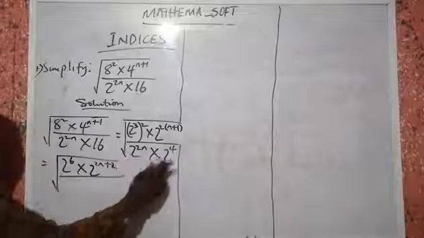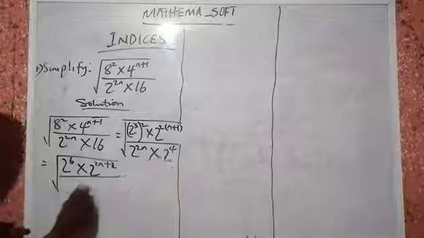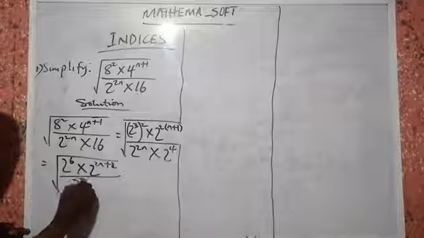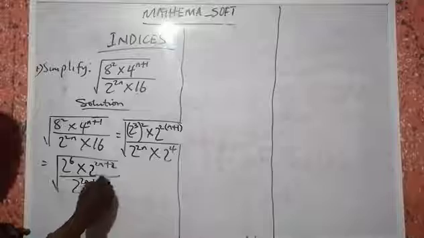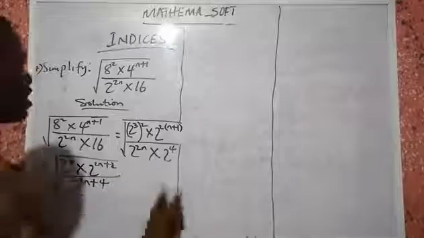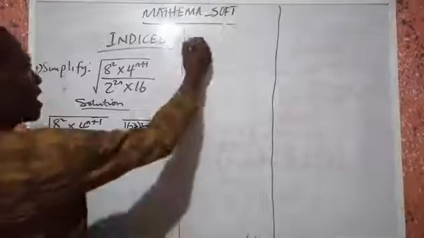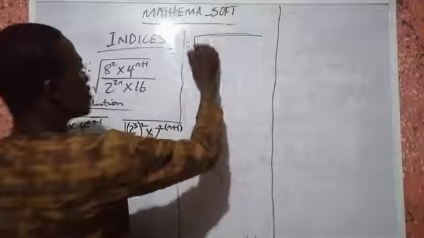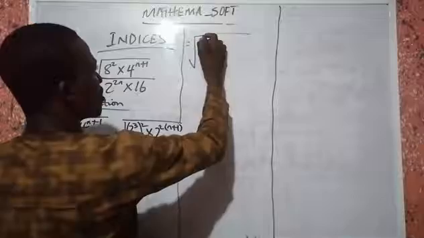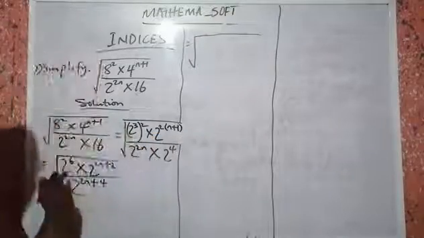So you remember the law: when the same base multiply, I will choose 1, then I will have 2n, multiplication will become addition, and that will be plus 4.